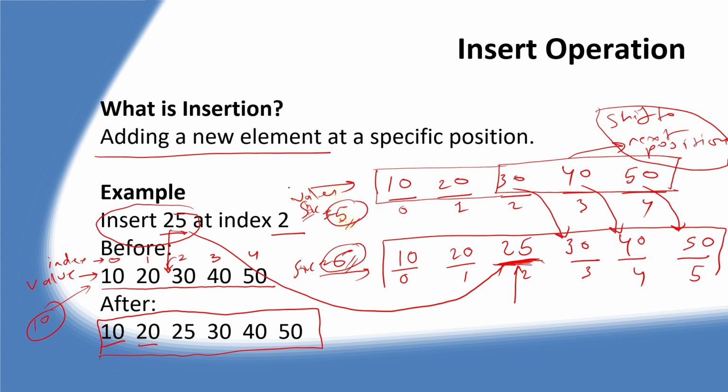Here we have 5 elements, and here we have 6 elements. But the size of the array can be more. That's why we are able to manipulate data with fewer elements than the size of the array. Okay, I hope it's clear.